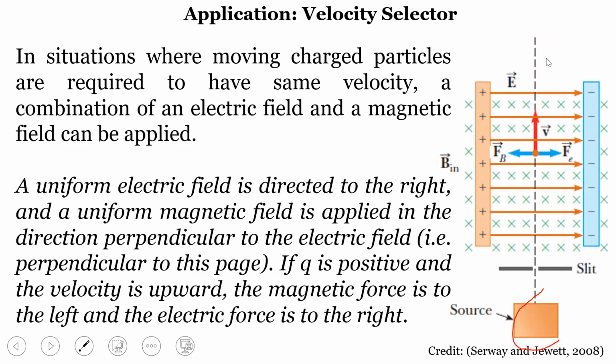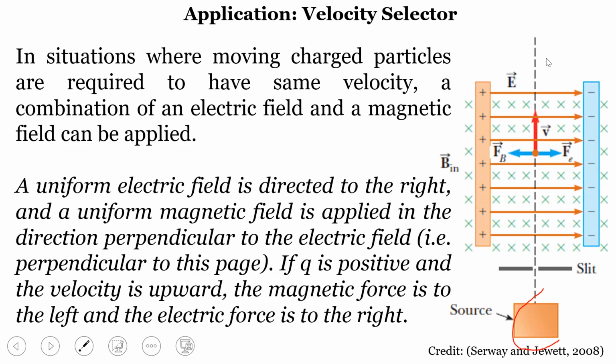undeflected. So those that have velocities greater than the desired velocity would experience a larger magnetic force. They will tilt to the left and crash into the positive plate, and those that have lower velocities will experience a smaller magnetic force, such that they will tilt to the right and crash into the negative plate.